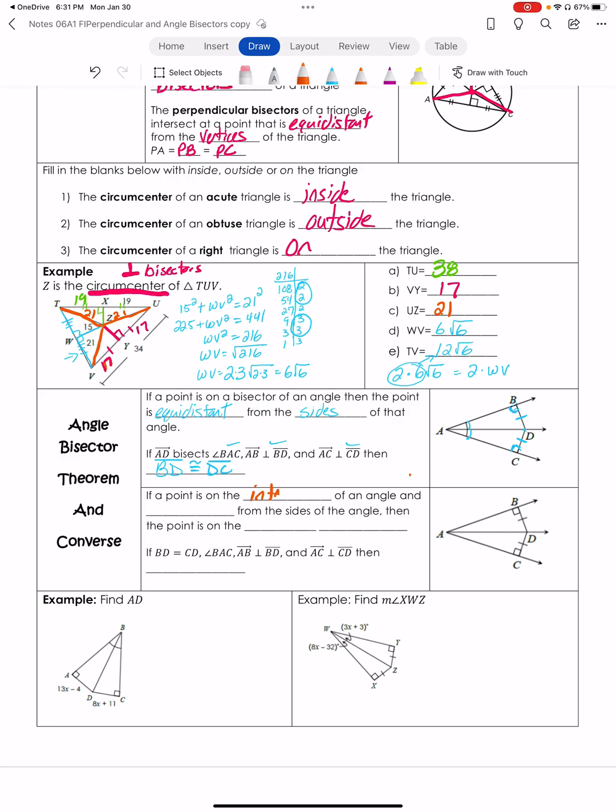If a point is on the interior, that's the word I was looking for, of an angle, and equidistant from the sides, then the point is on the angle bisector.